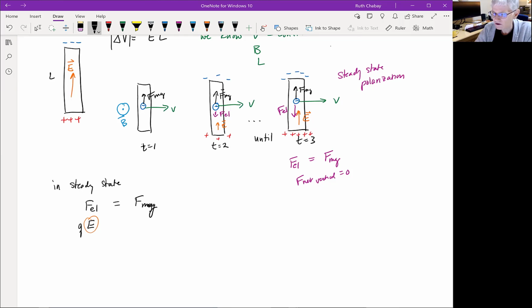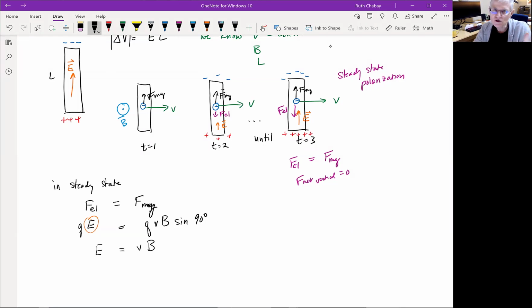The electric force on the electron is equal to QVB sine of 90 degrees here. And so in this case, we end up with the electric field equal to the speed times the magnitude of the magnetic field.